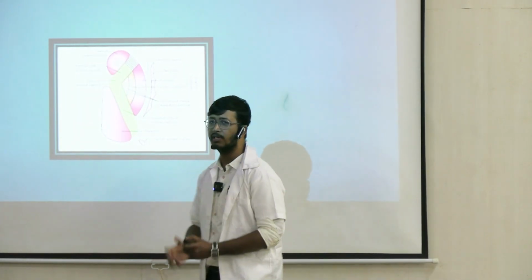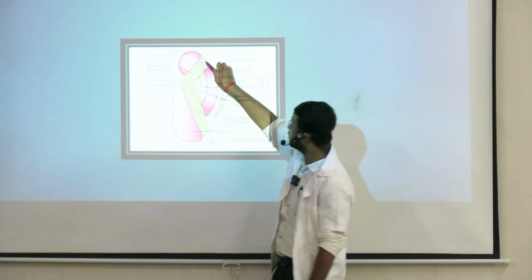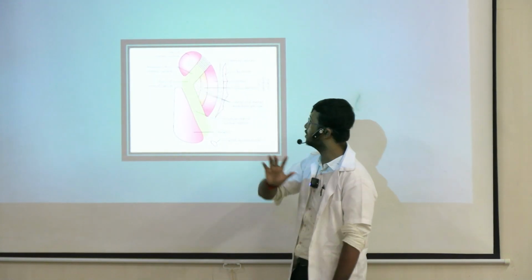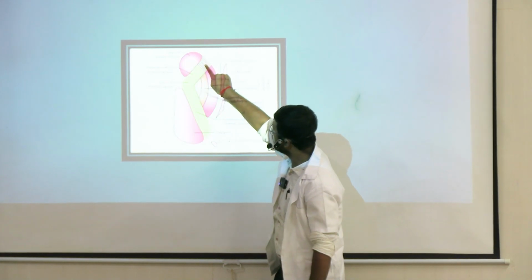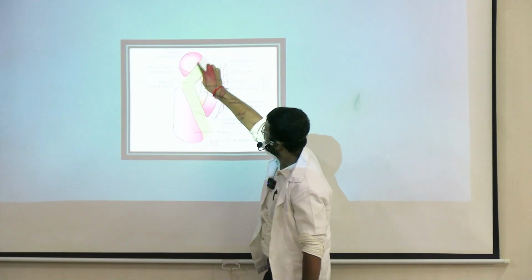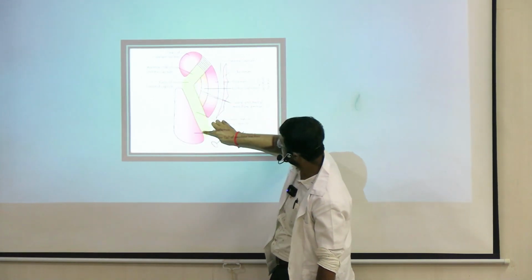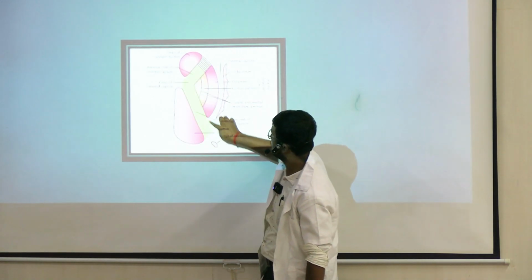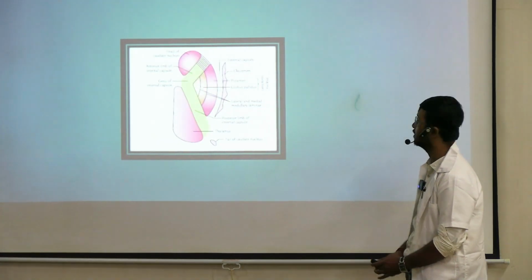So just understand that there are certain fibers which have certain functions, which we call the internal capsule. This internal capsule is again divided into the anterior limb, genu, and posterior limb. This is not the topic of our day, so just remember this name.